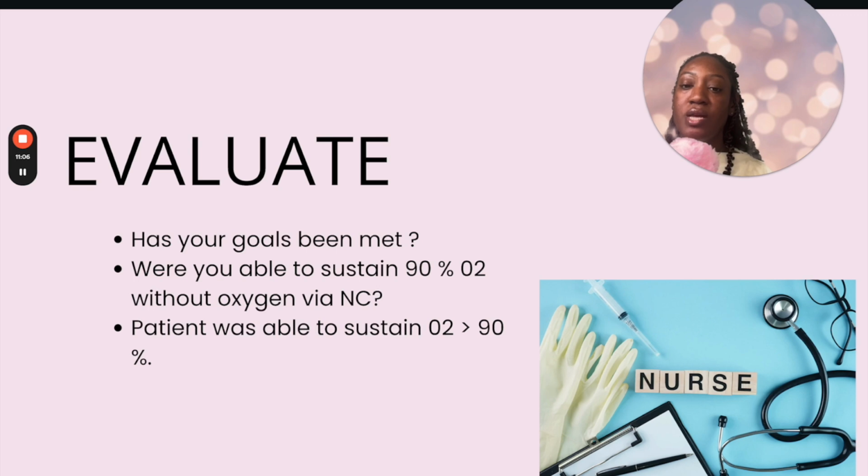Whatever goals you set, you want to make sure you did your intervention, and that when you evaluate, your goals were met. If they weren't, then you have to go back to reassessment. You have to repeat it all over again. You have to reassess, maybe change the interventions, maybe different medication. It's like you're doing the nursing process all over again with your team.